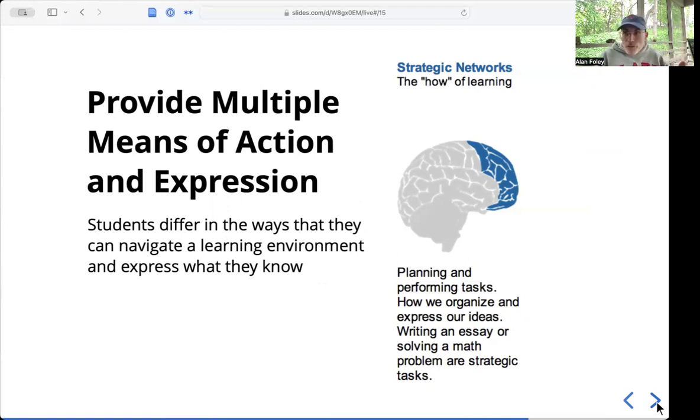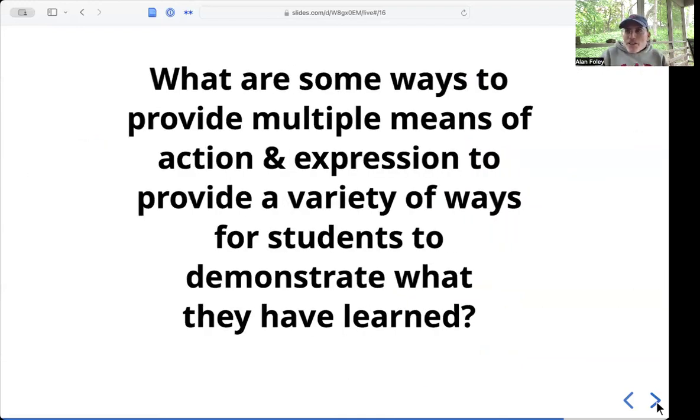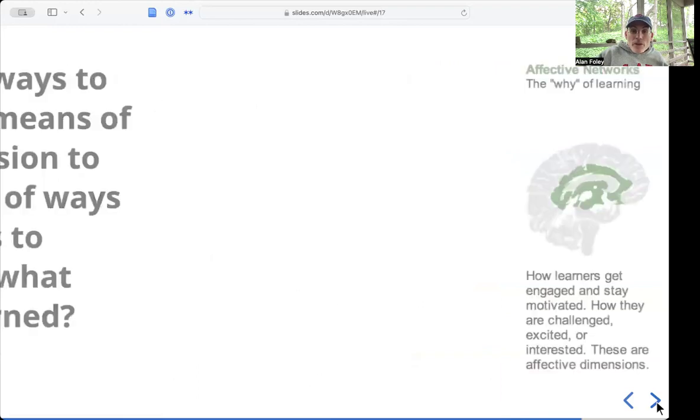Is it just a multiple choice test, or are there a variety of ways that they can show what they've learned and how they can express their learning? Again, I've got a discussion question. It's in Blackboard. What are some ways to provide multiple means of action and expression to provide a variety of ways for students to demonstrate what they have learned?